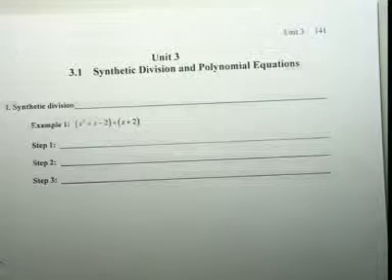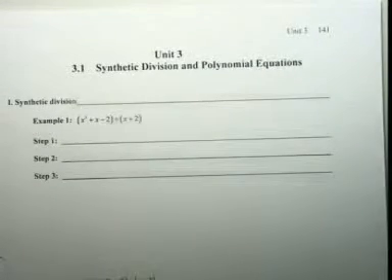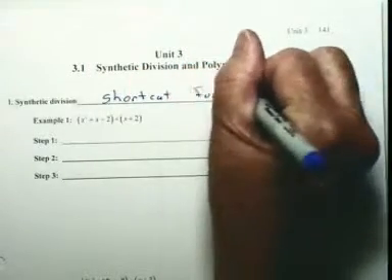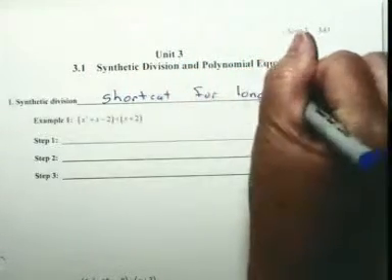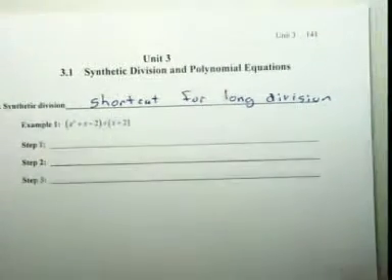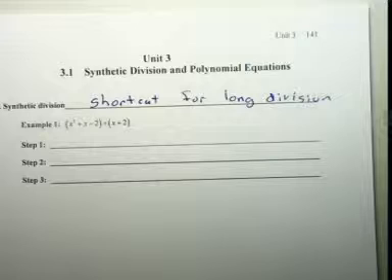In Unit 3, the first thing we're going to look at is called synthetic division. Synthetic division is a shortcut for long division in algebra. It doesn't work in basic arithmetic. It works when we have x squared, x to the third, x to the fourth.